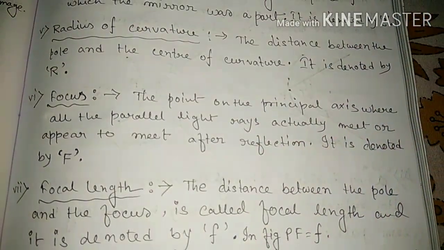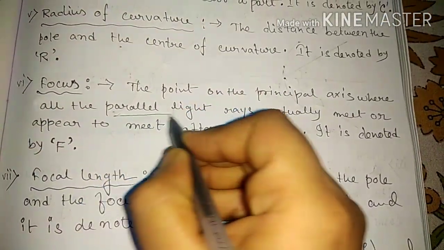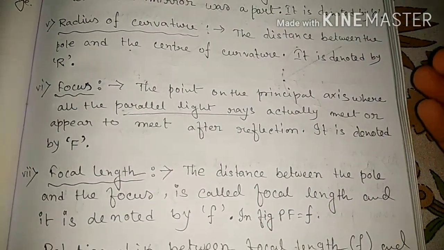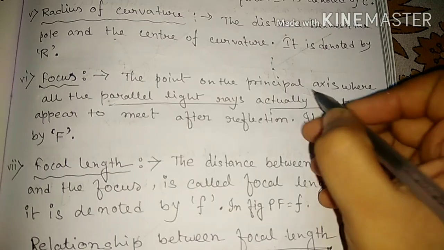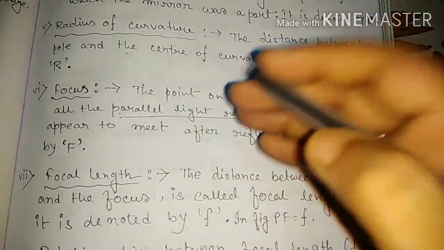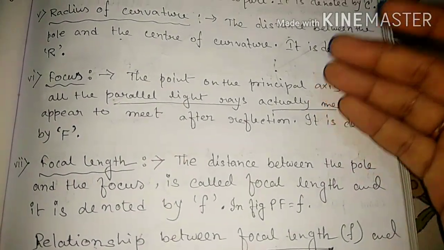Focus. It is a point on the principal axis where all parallel light rays actually meet or appear to meet after reflection. Actually meet, this happens in case of a concave mirror. Appear to meet, it happens in case of a convex mirror. After reflection, it is called focus.